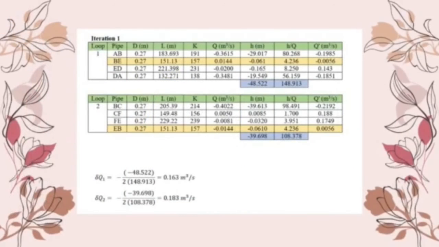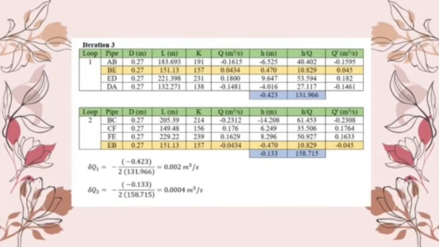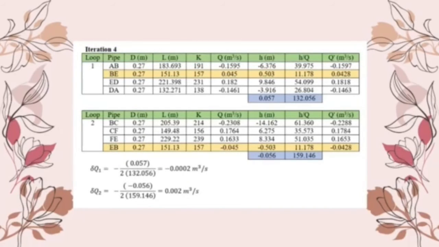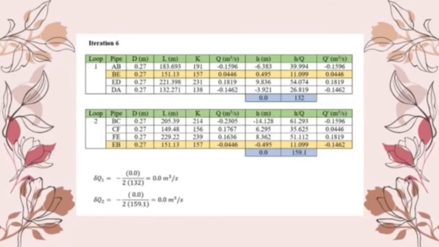Next, we have already calculated, and this is the value for each iteration. This is the result for iteration 1, iteration 2, iteration 3, iteration 4, iteration 5, and lastly, we stop at iteration 6 as the total head loss is equal to 0 and the delta Q is also equal to 0 for each loop, which is loop 1 and loop 2.